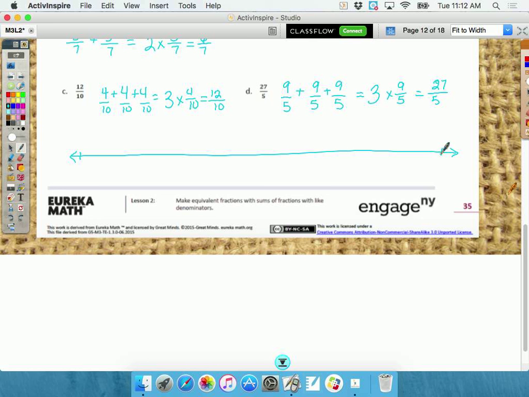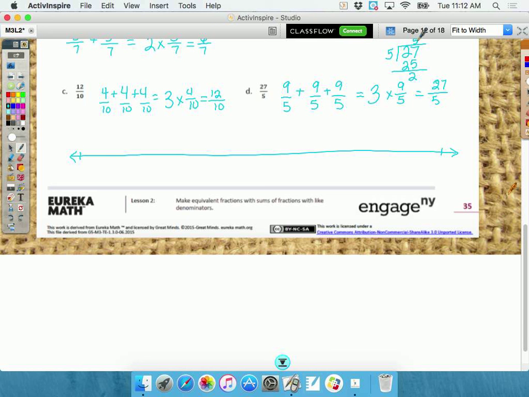Here's what Isaac did real quick in his head. I'm going to show you using the standard algorithm. 27 divided by 5. 5 times 5 equals 25. 2 left over.